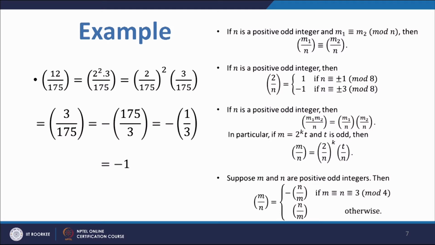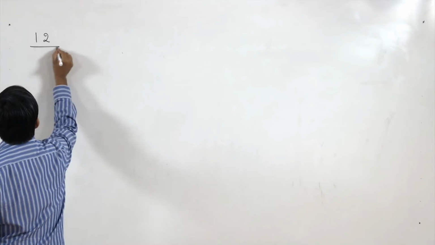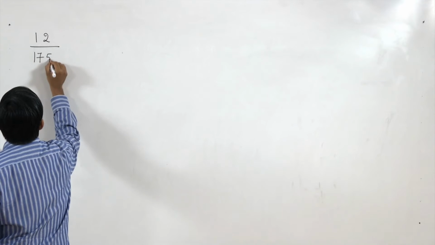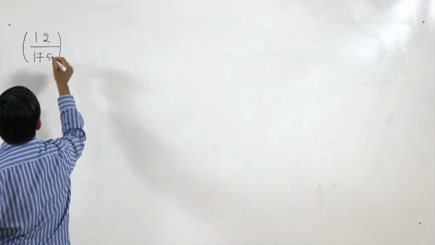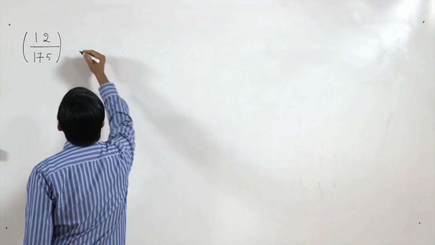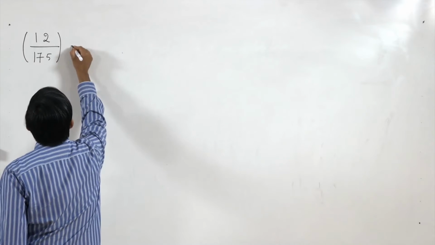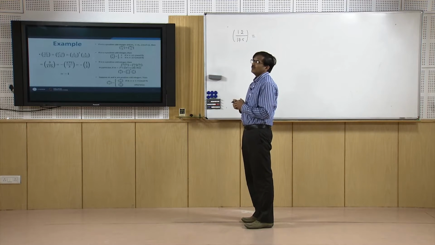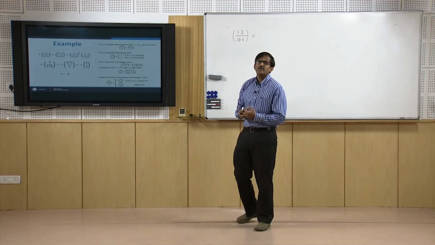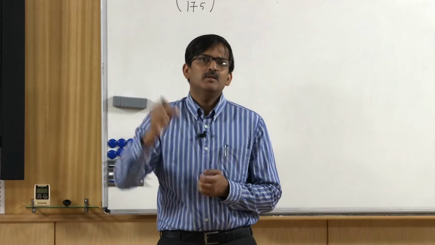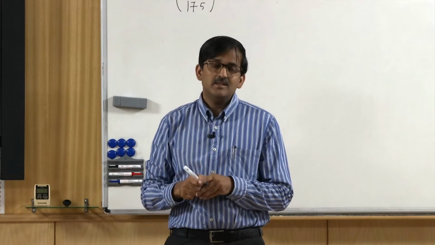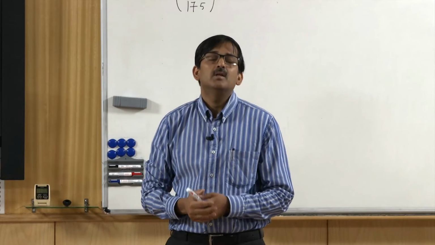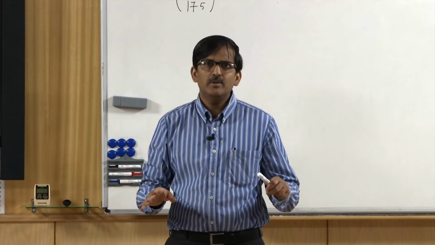So, I have got 12 here and 175 in the denominator enclosed by a parenthesis, and this is equal to. So, what I have to do is check whether the numerator integer is even or odd. If it is odd, I do not have to do anything.